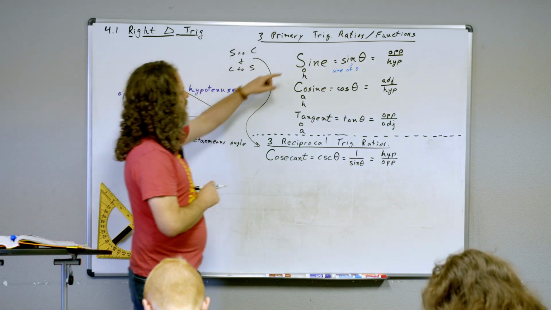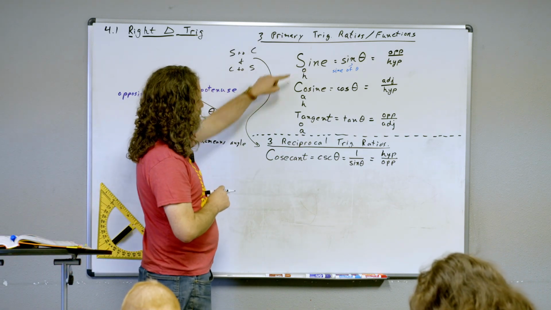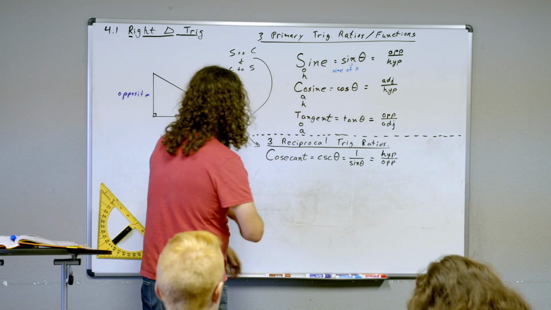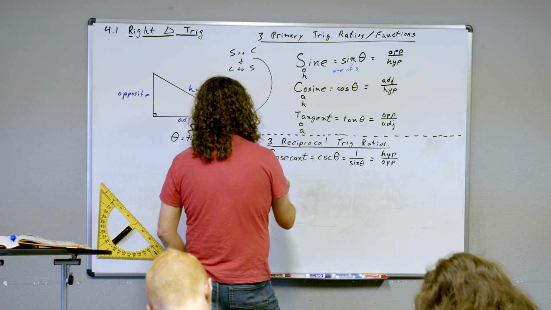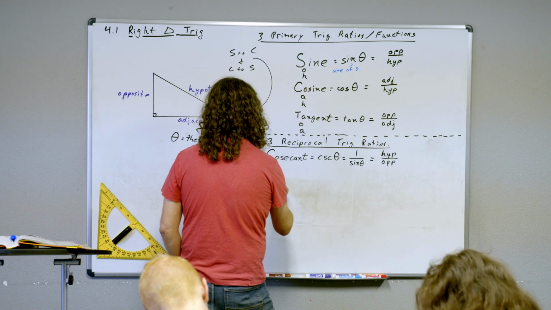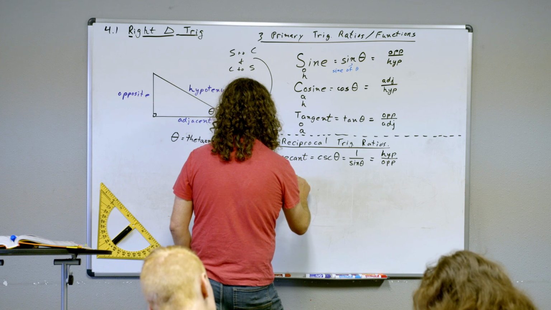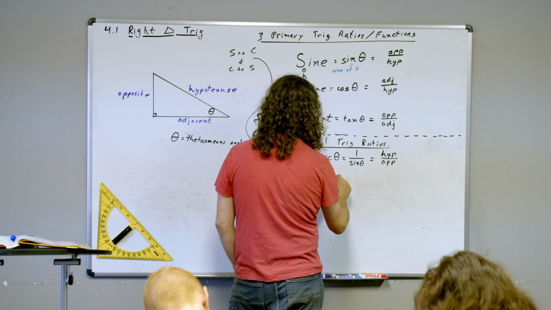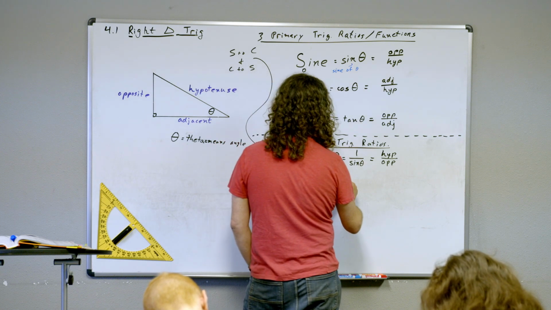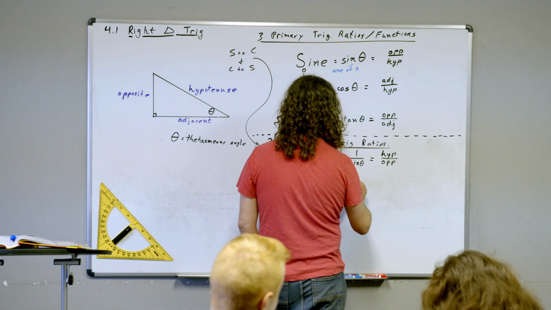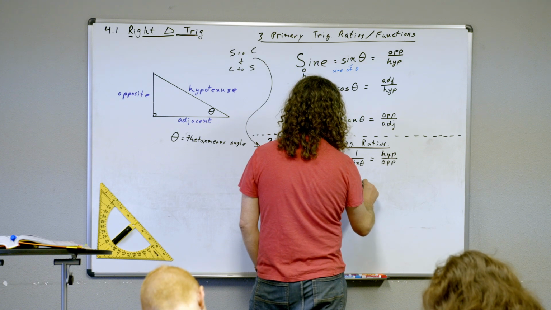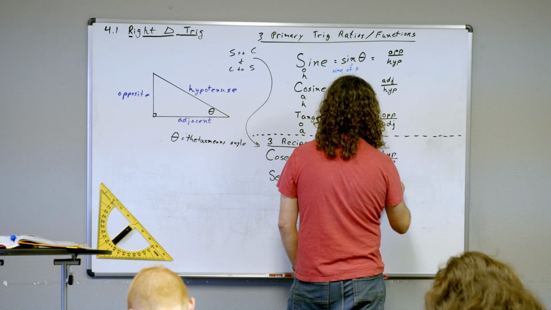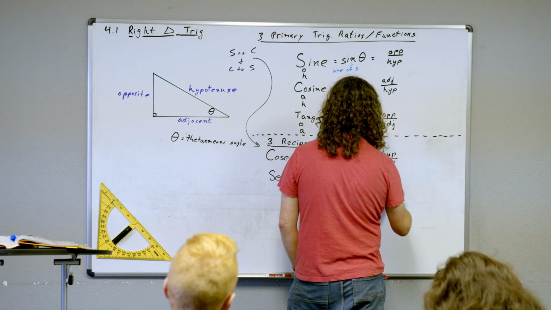S to C. We got our first S to C. Sine goes with cosecant. And then the next one is secant, and we abbreviate it SEC of theta. And it is 1 over cosine, which would mean that it would be opposite over adjacent.